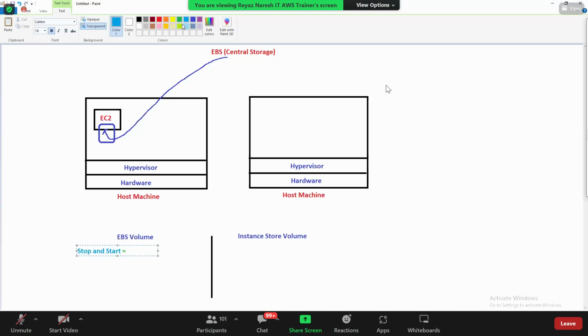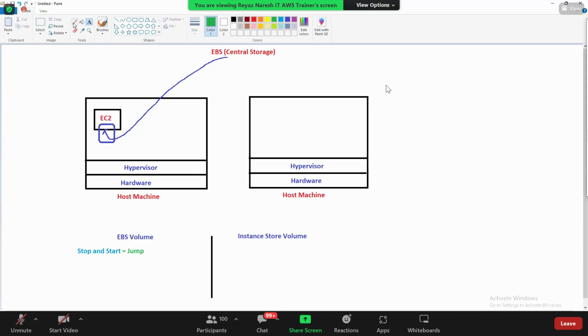It will jump, meaning the EC2 instance will jump from this host to another host. That is how AWS is designed in the backend. That is the strategy they use.